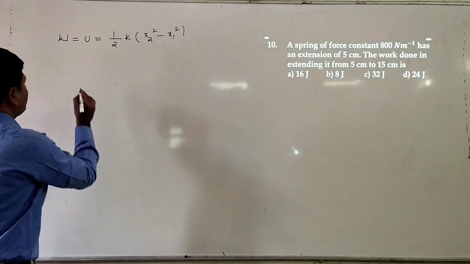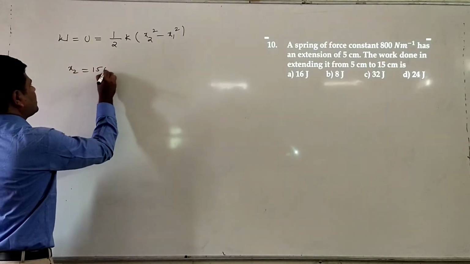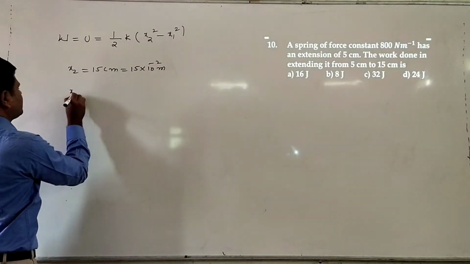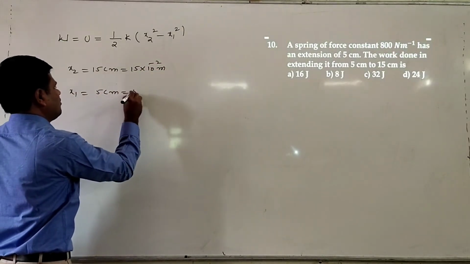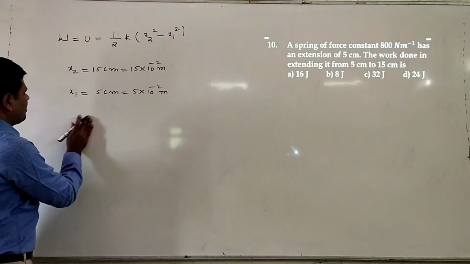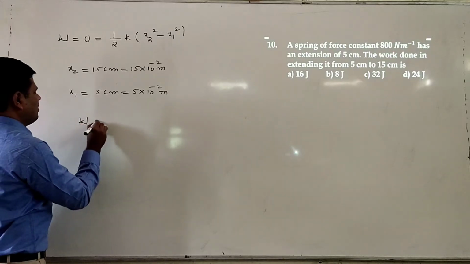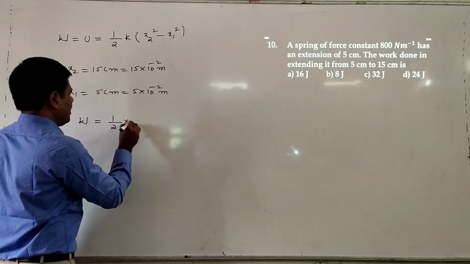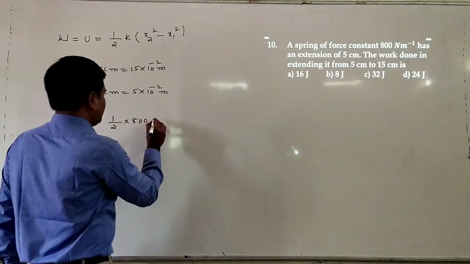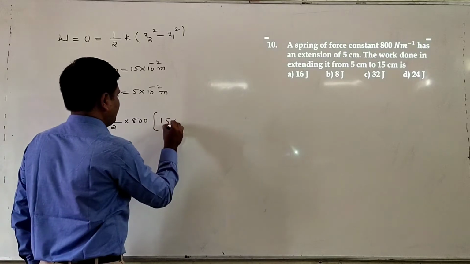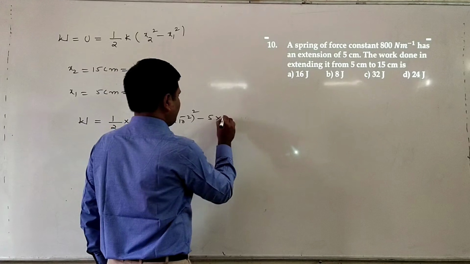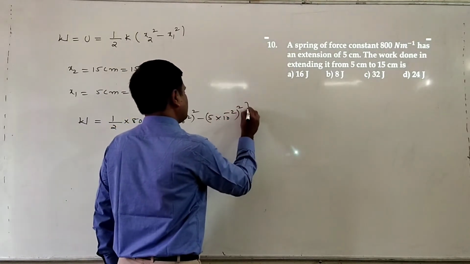Now x2 and x1 are given. x2 is equal to 15 centimeter, which means 15 into 10 power of minus 2 meters. x1 is equal to 5 centimeter, which means 5 into 10 power of minus 2 meters. Now work done is equal to half into k, the spring constant, which is given as 800, into x2 square, 15 into 10 power of minus 2 whole square, minus x1 square, 5 into 10 power of minus 2 whole square.